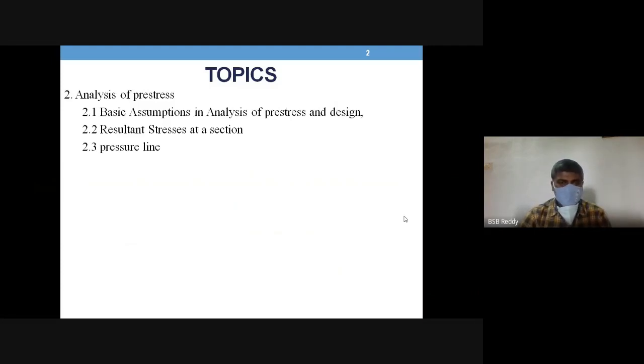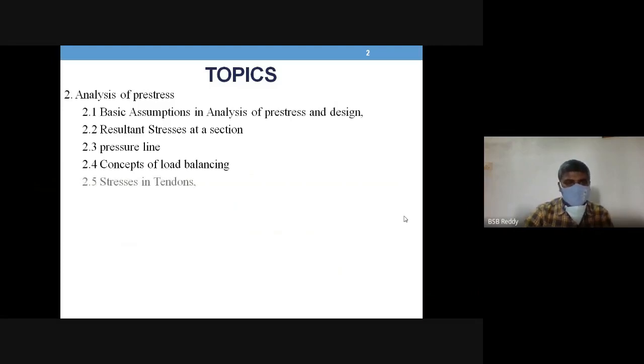So we'll finally need the resultant value. Then we'll go for the pressure line concept of finding the stresses. Then we'll talk about one more concept, load balancing, and then we'll talk about stresses in tendons also, not only the concrete, but also in tendons.